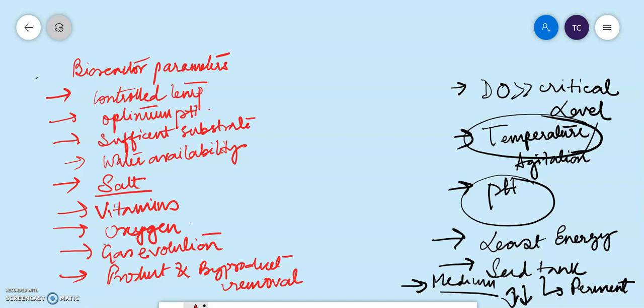There are also other parameters, like the labor cost has to be low, and the cheapest nutrient should be able to give you the product in no time. The internal surface of the bioreactor should be non-reactive and smooth.